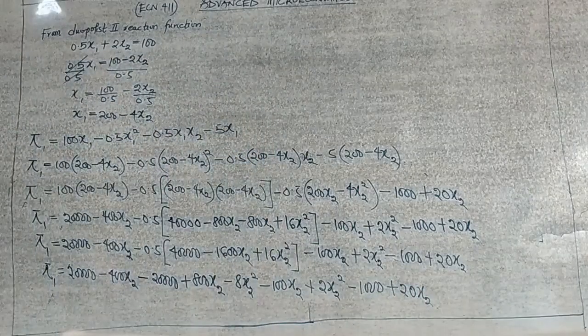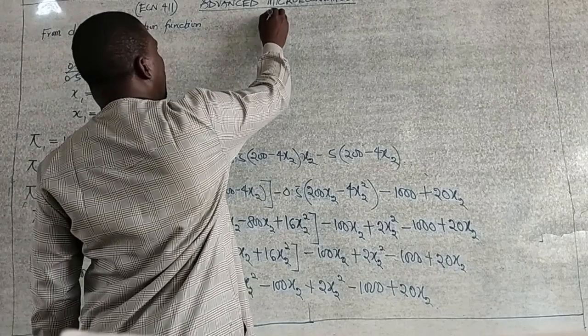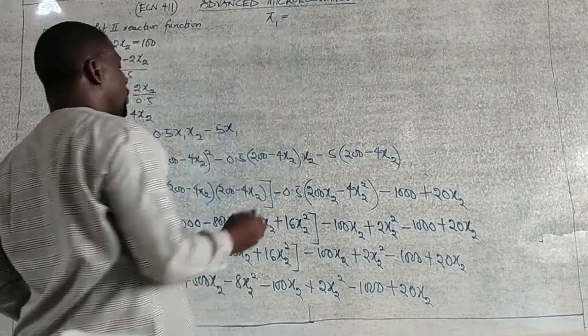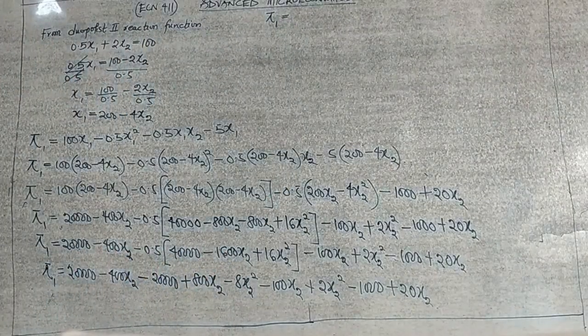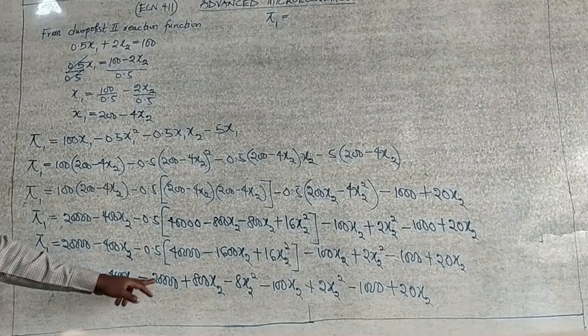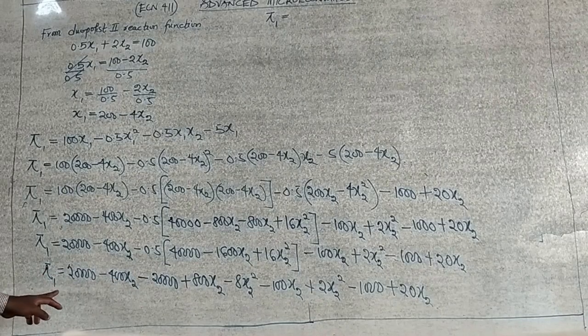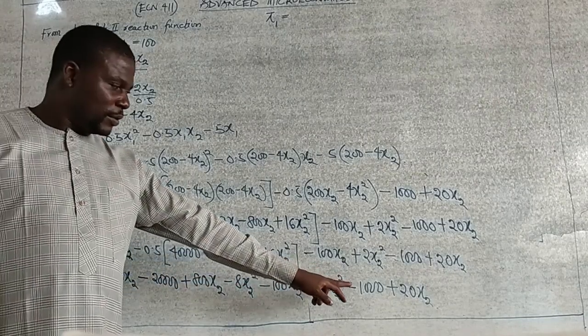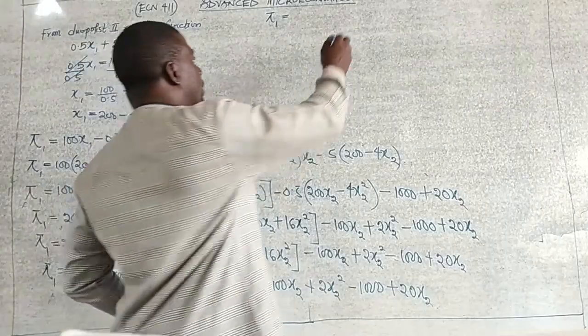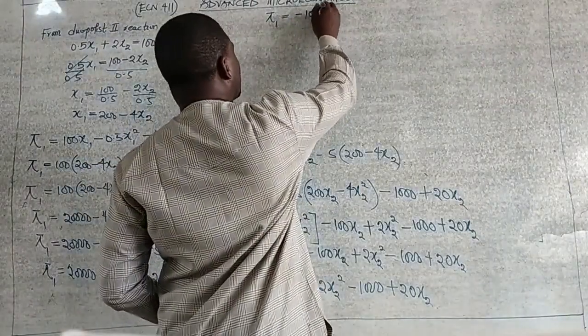So with this now, let's tidy up. So our profit 1 will now be, let's pick the ones that are ordinary constants. This is 20,000, right? Yes. This is also 20,000. They will cancel out. Then which other constant do we have? 1,000. So I can say minus 1,000.